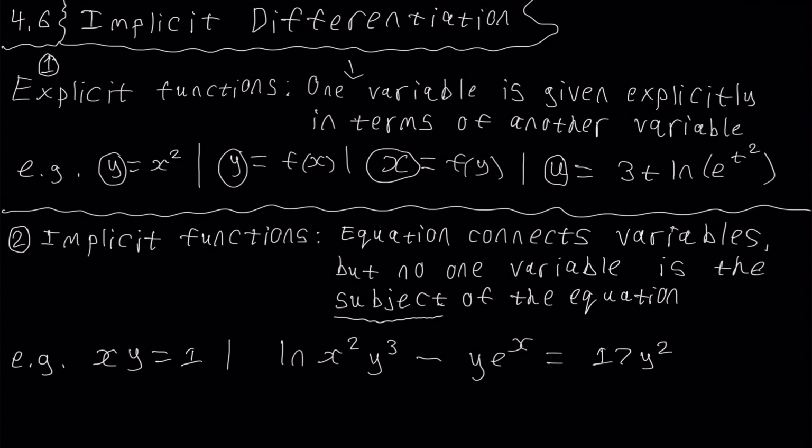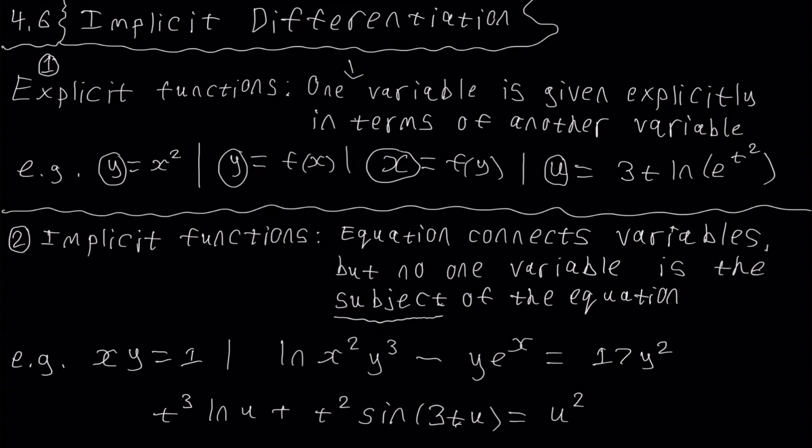We could also maybe have something like t cubed times the natural log of u plus t squared times sine of 3 times t times u is equal to, I don't know, let's say like u squared. These are all examples of implicit functions. None of these variables are the singular subject of any of these equations.